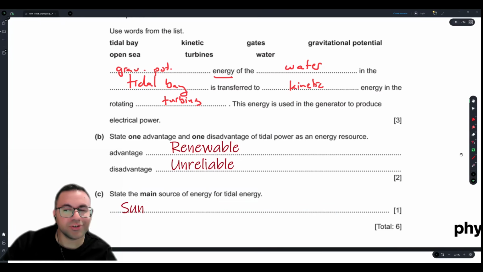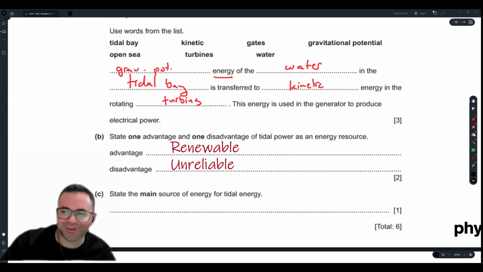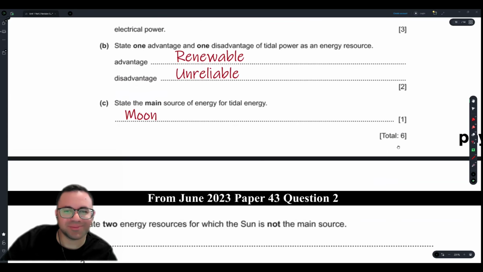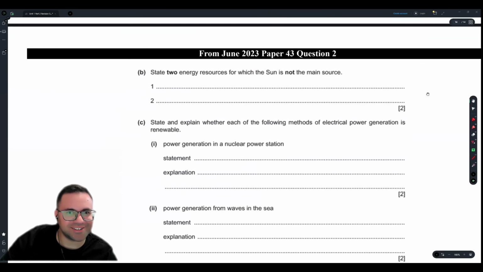Right? This one's on purpose. Is tidal from the sun? No, bravo. Tidal is from the what? The moon. Good job. See? Everything's calculated.